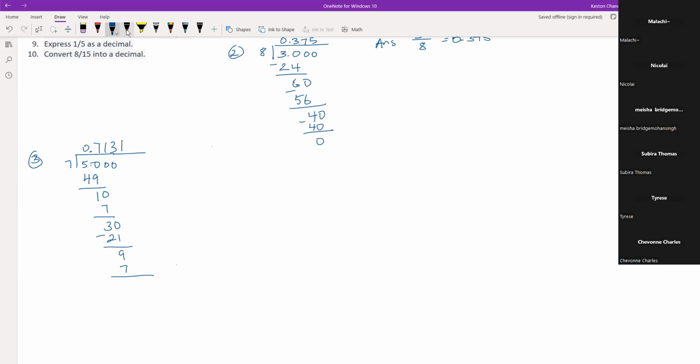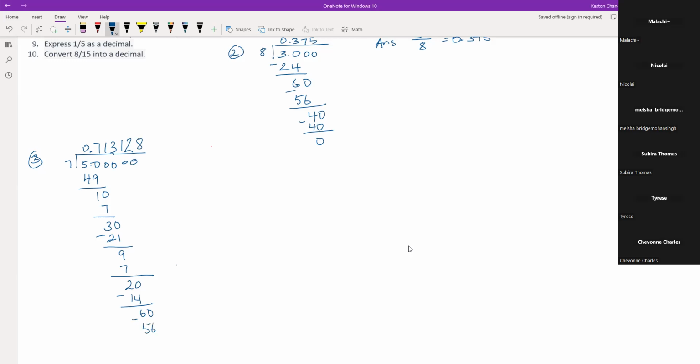And then 9 take away 7 is 2. This is where I add another 0 again. 7 into 20 is going to give me 2. 2 7s are 14. Subtract again. 20 take away 14, going to leave us with 6. Add a 0 again. 7 into 60, that's going to give us 8. 56.